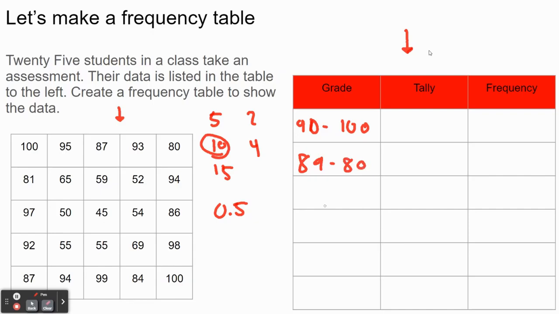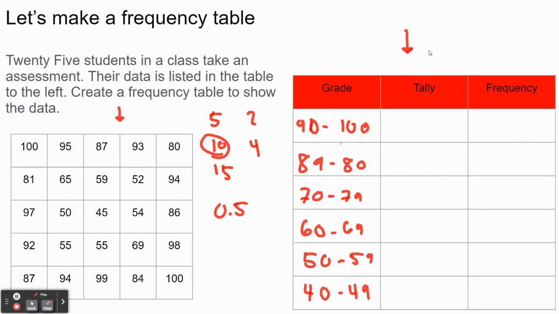Really, I should have written those the other direction, that's fine. Then we'll do 70 to 79, 60 to 69, 50 to 59, and then I did see one data point that's in the 40s, so we'll do 40 to 49.